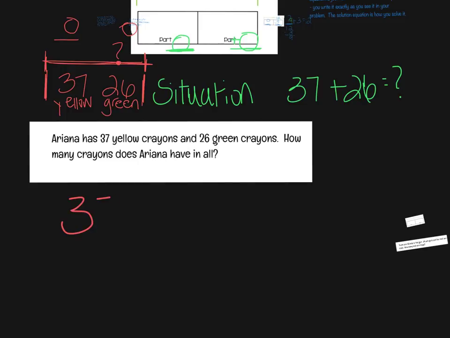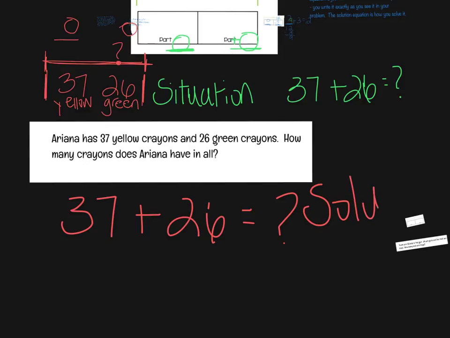I still have to add 37 plus 26 to get my answer. So my solution matched my situation equation. So let's solve for that. We need to figure out how many crayons Ariana has in all.